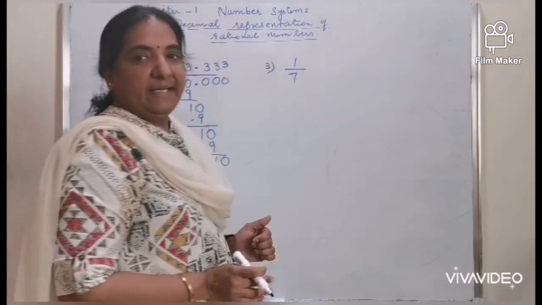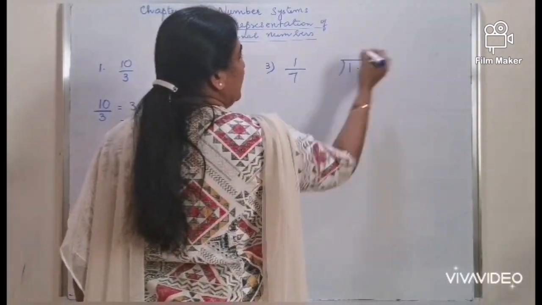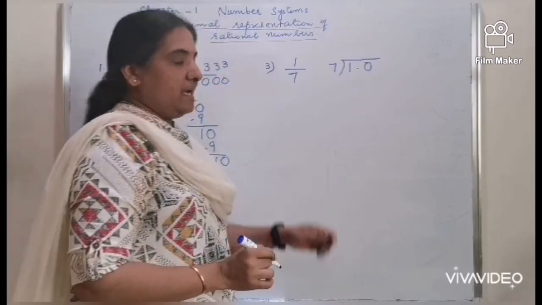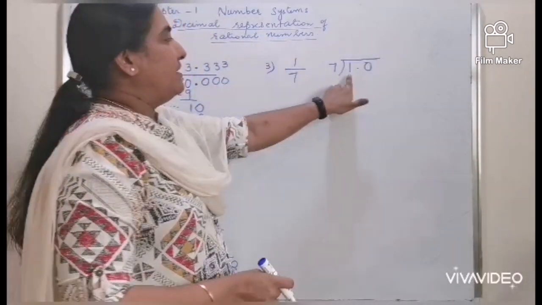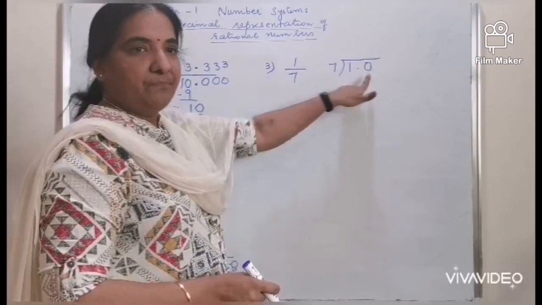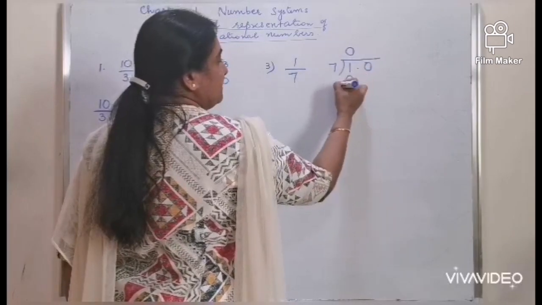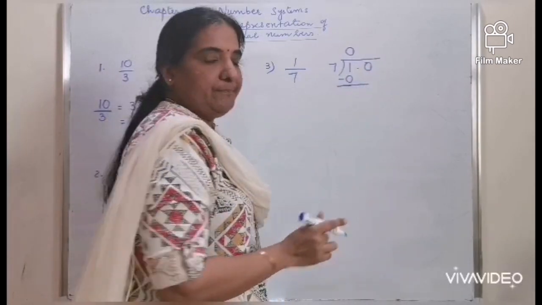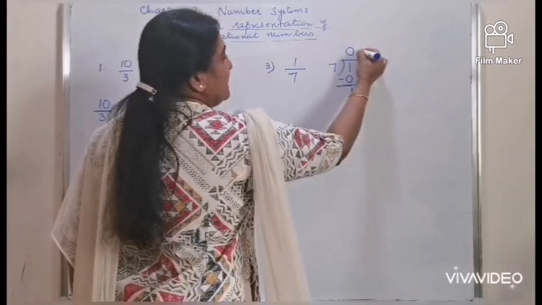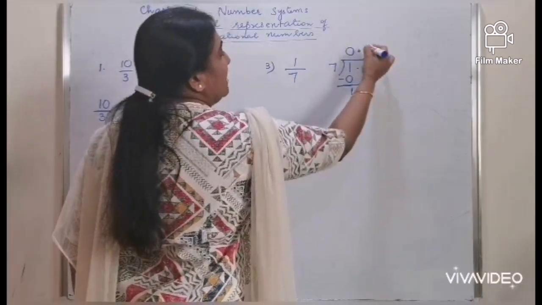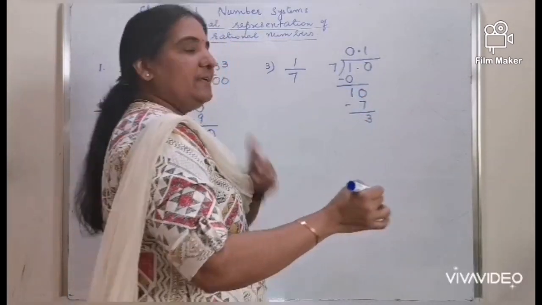1 divided by 7. 1.0 divided by 7. As you know already, 1 is a smaller number than 7. That's why I already arranged it as 1.0. 7 is divisible 0 times. You can avoid that step. 1 minus 0 is 1. Place the decimal exactly. 10. 7 1s are 7. 10 minus 7 is 3.